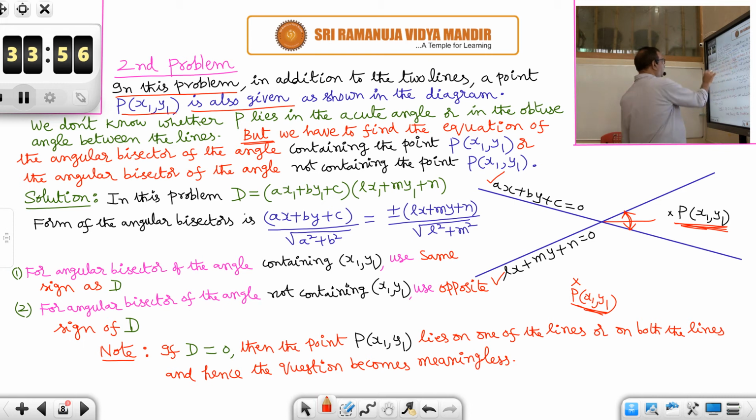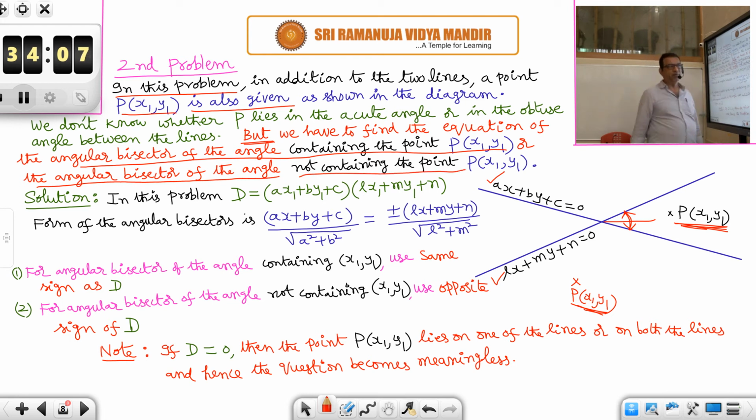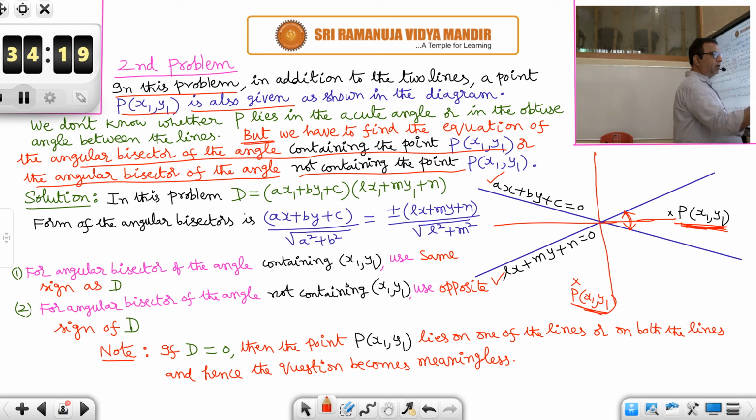But we have to find the equation of the angular bisector of the angle containing the point x1 y1, or sometimes he may ask, find the equation of the angular bisector of the angle not containing the point x1 comma y1. Containing the point x1 comma y1 means this bisector. The angular bisector of the angle not containing the point x1 comma y1 means the other angular bisector, which is perpendicular to it. So you may ask, just like in the previous question, find the acute angle bisector, obtuse angle bisector.